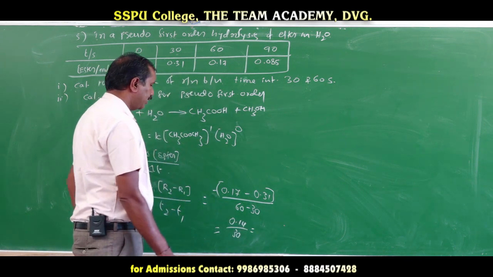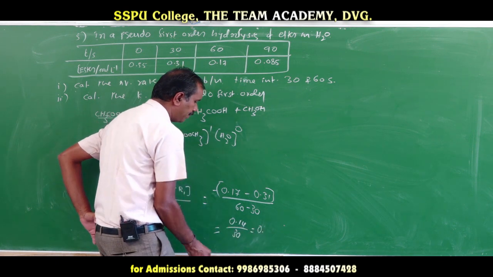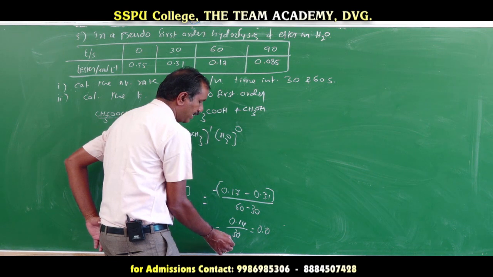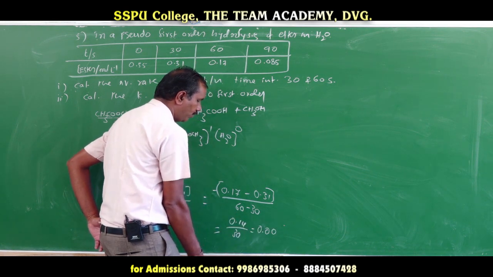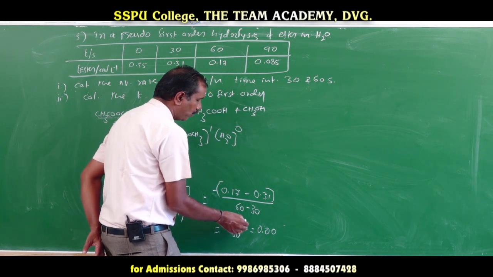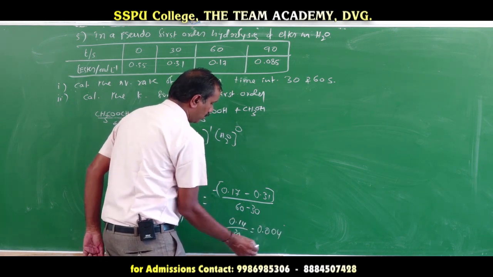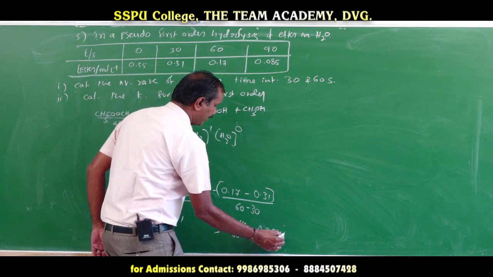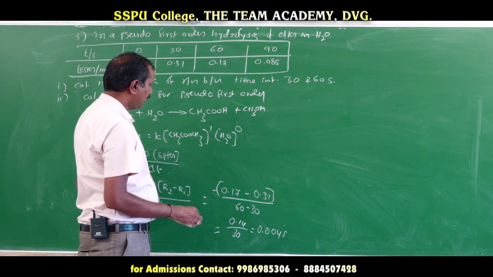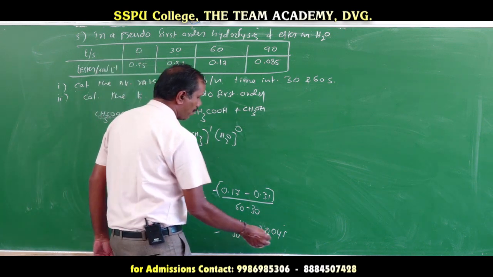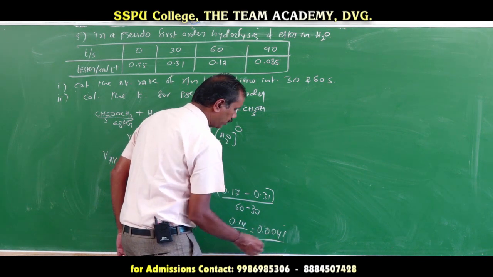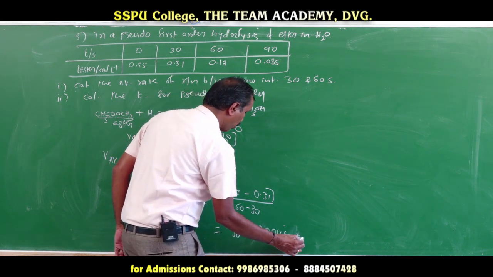0.14 by 30 means 140 by 30, nearly 0.0045, that is mole per liter per second.